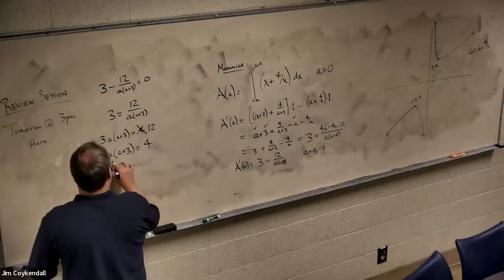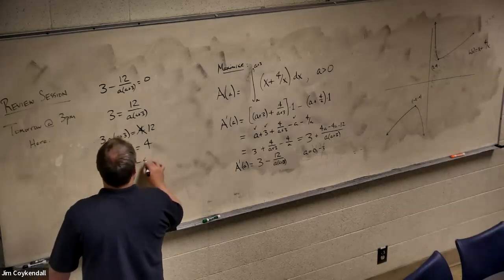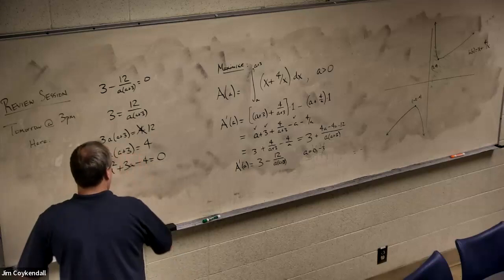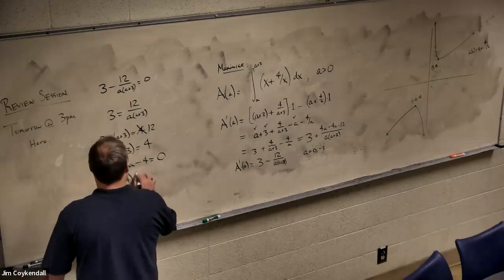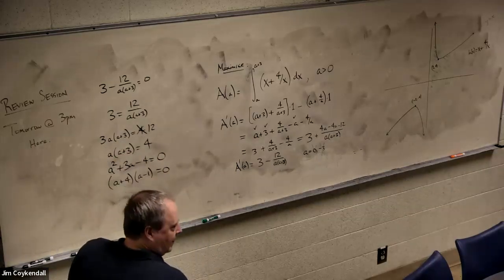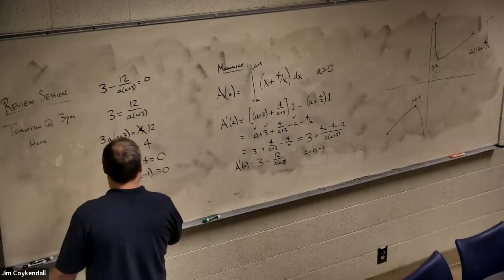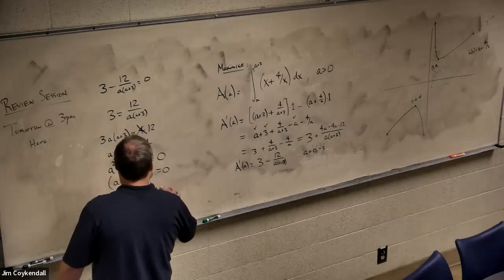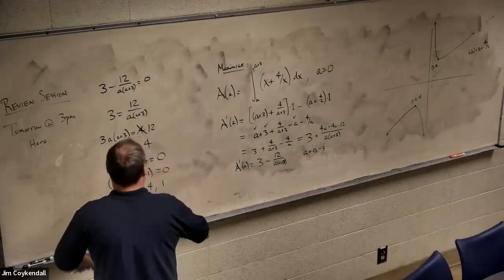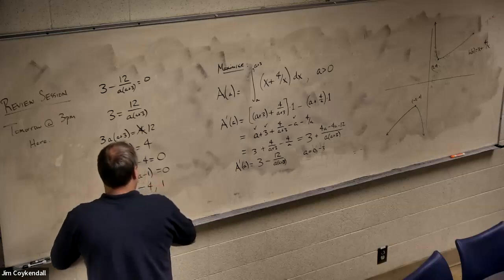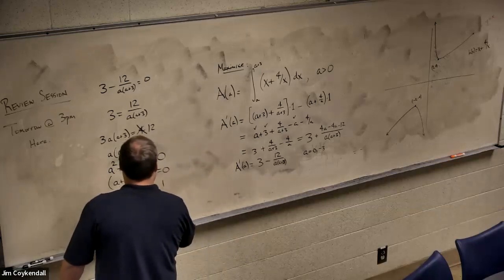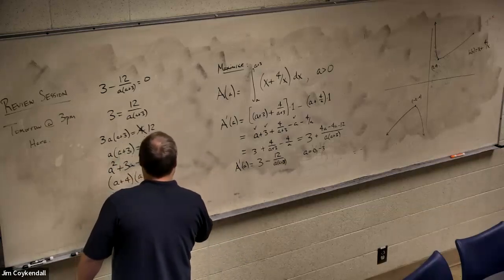And so I get A squared plus 3A minus 4 in this factor. So I get A equals minus 4, 1. And once again, I've got a third one. It's not my playground. Negative 4. No concern to me. So I get a critical number. A equals 1 only critical.